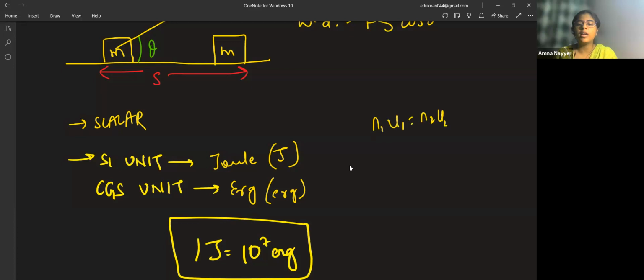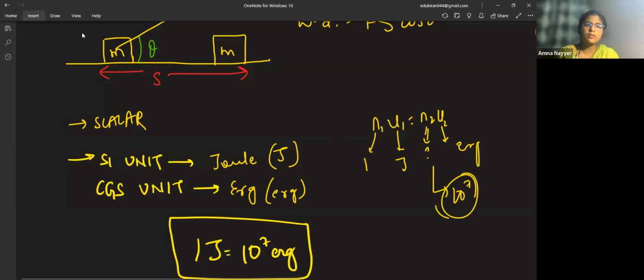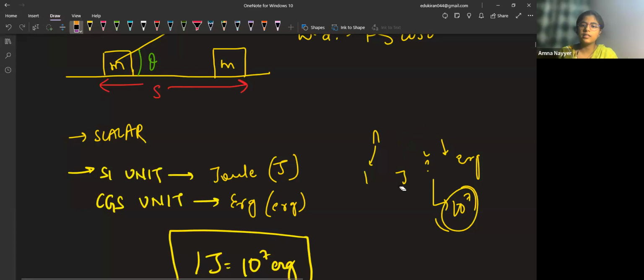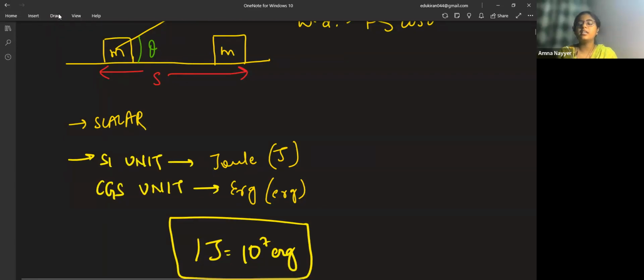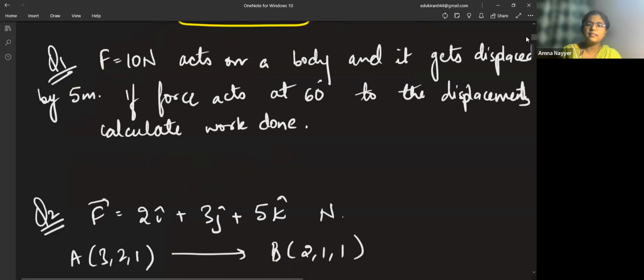When we convert 1 joule to erg, the answer came out to be 10 to the power 7. Check and revise this also, so that it gets refreshed. 1 Newton is equal to 10 to the power 5 dyne, and 1 joule is equal to 10 to the power 7 erg.